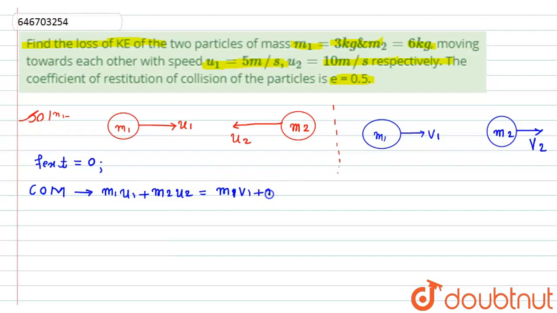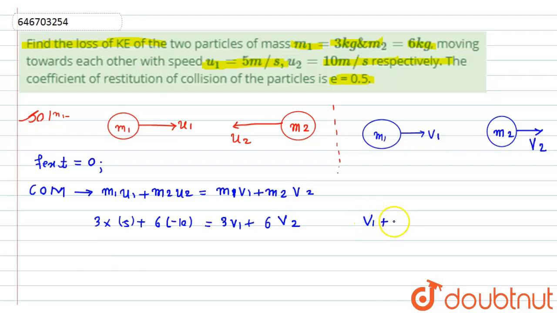Substituting the values: m1 is 3 kg multiplied by u1 which is 5, plus m2 is 6. Now u2 is going in the negative direction, so it will be taken as minus 10. So it equals 3 times v1 plus 6 times v2.